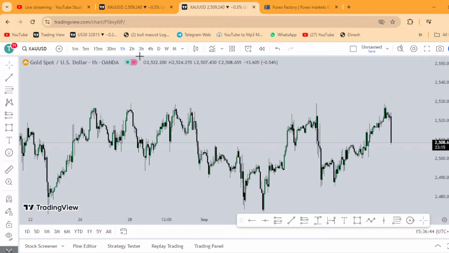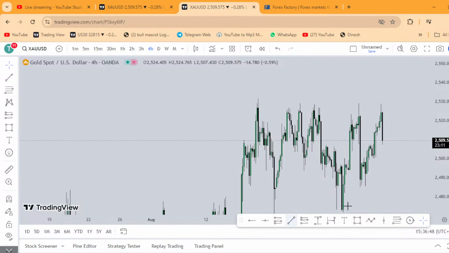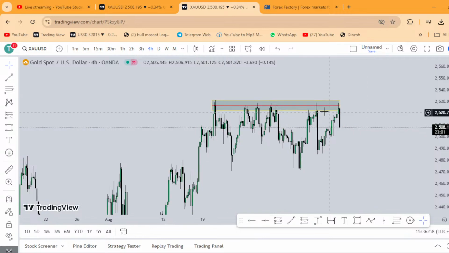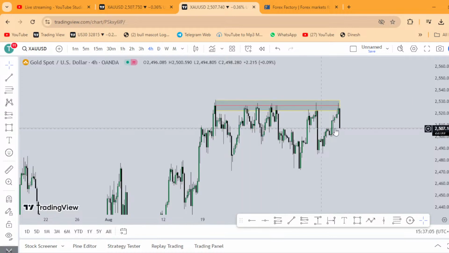Now you see gold, what we had here. This is the level. No matter what time it takes, you see, price has played alongside that level as much as possible. Now these are equal highs. Trust me, even if price does not break it right now, it will have to come back and break them down.